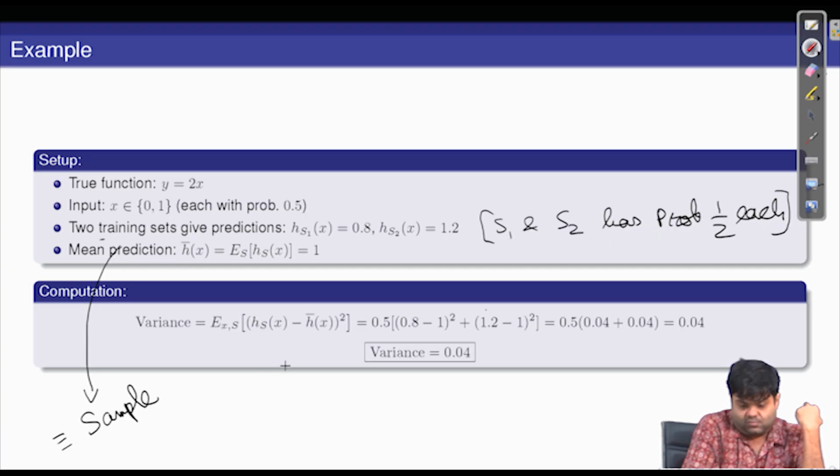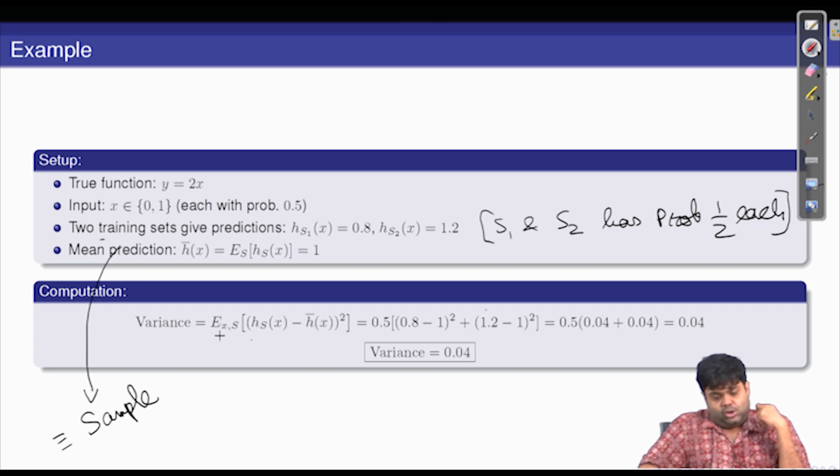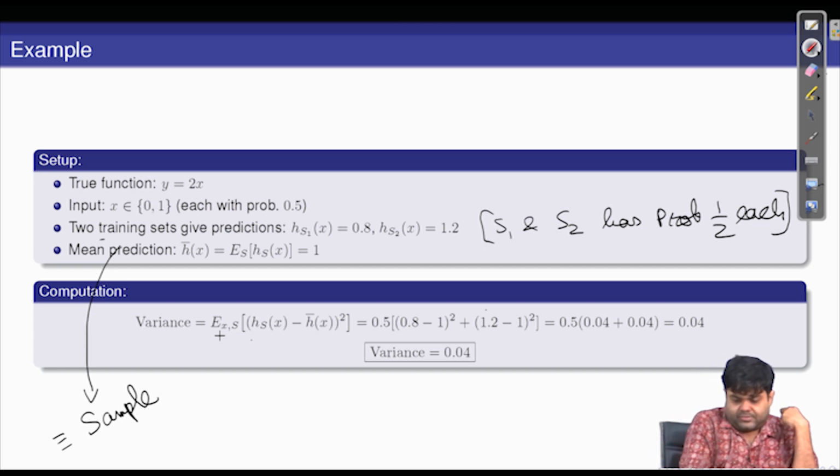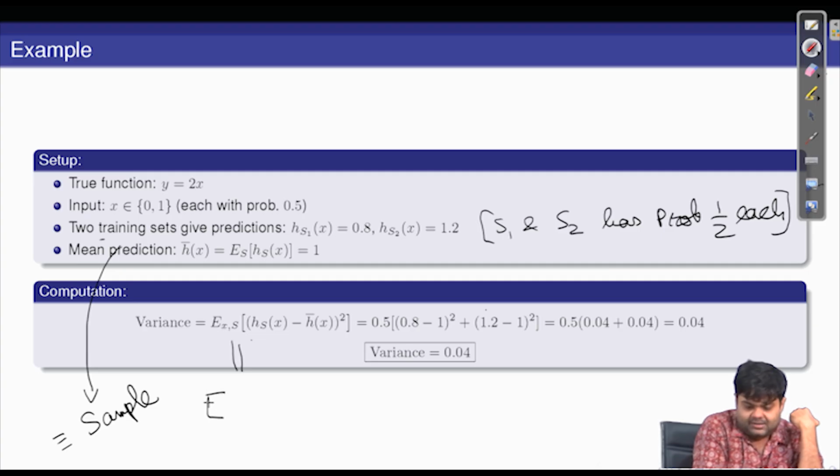So what will be the variance now? The variance will be h_S(x) minus h bar x, whole squared, and you take the expectation over all S and all x. We will take the average over S later.